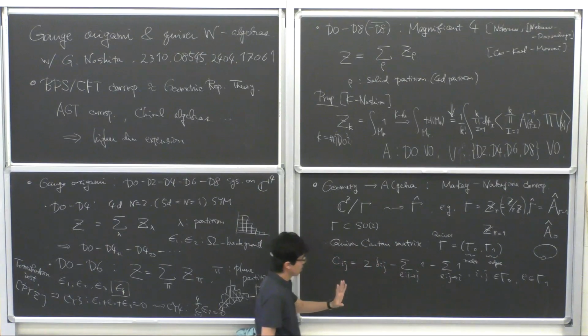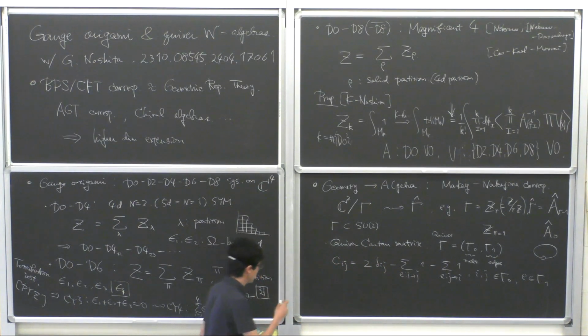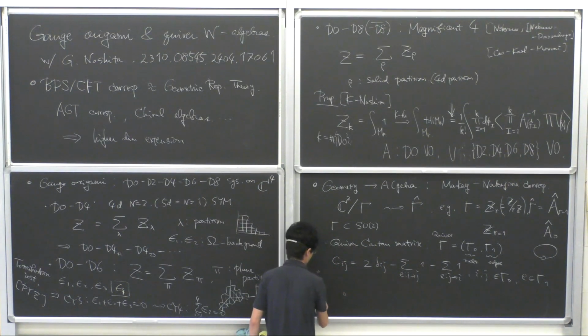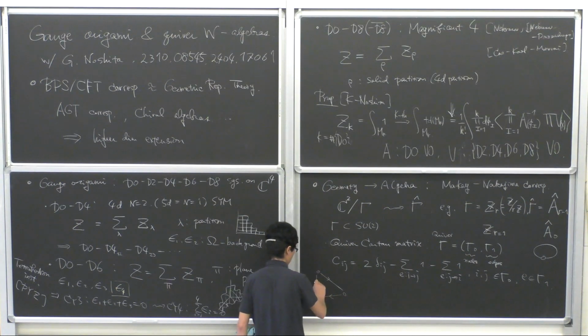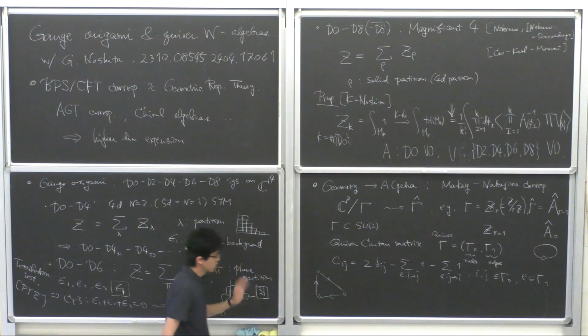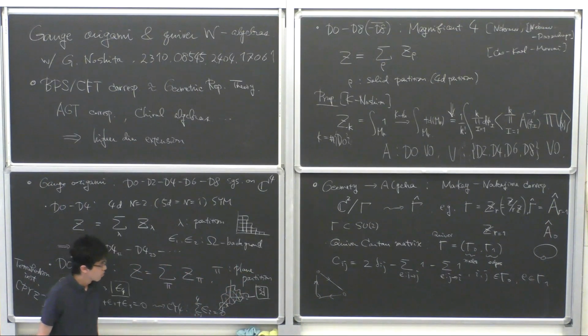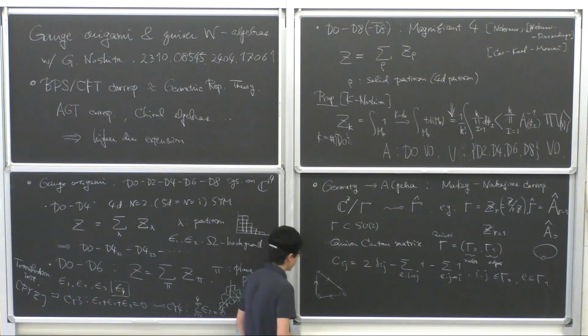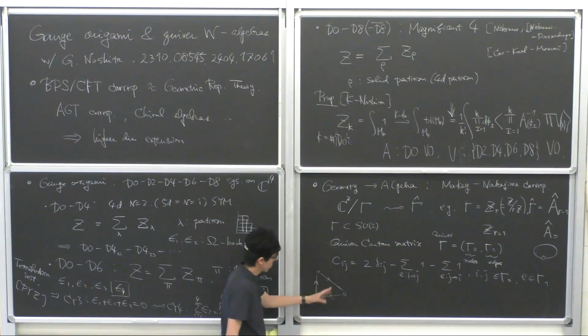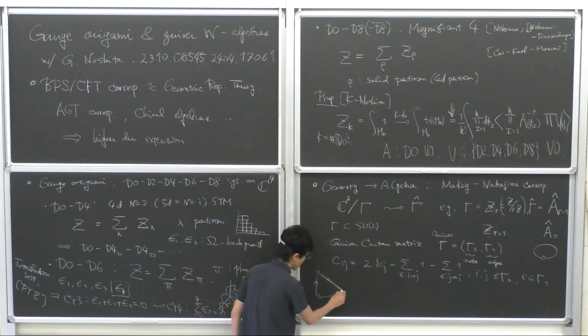In general, of course, we can think about a quiver like this, for example, where the edges are oriented. But now we think about the so-called doubled quiver, in the sense that in addition to the original quiver, we also add edges in the opposite orientation.